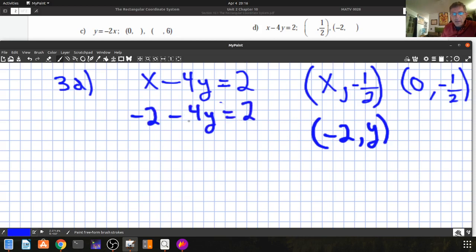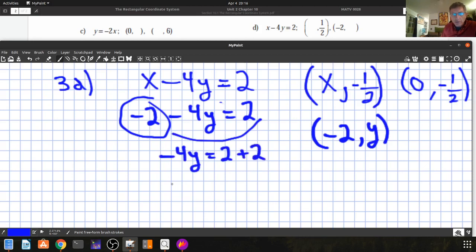So again, I want to isolate my y on one side. So I'm going to move this term over here to the other side. So that's going to give me -4y is equal to 2, and the -2 becomes a +2. So that gives me -4y is equal to 4.